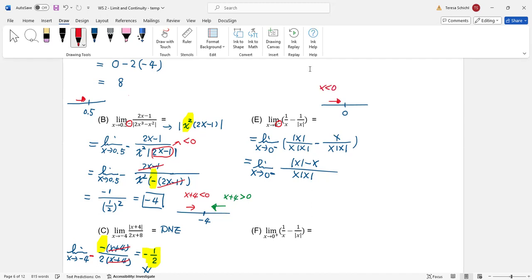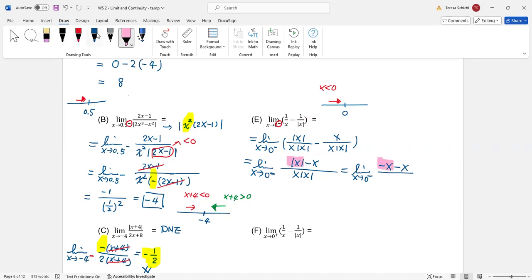So in order to break that out, what do I need to do? I need to put a negative x in front of this absolute value, right? So this is the one I break out from here.